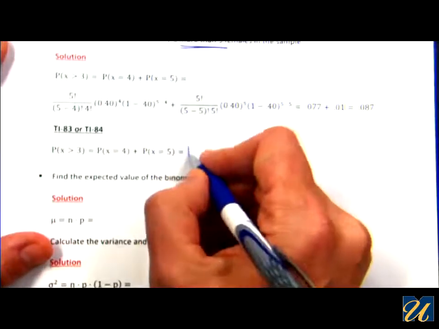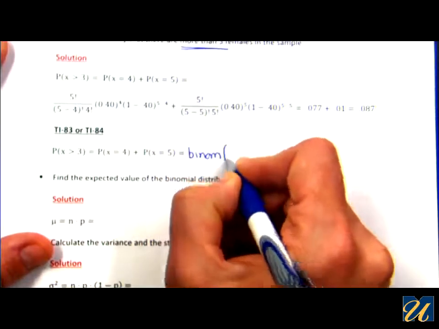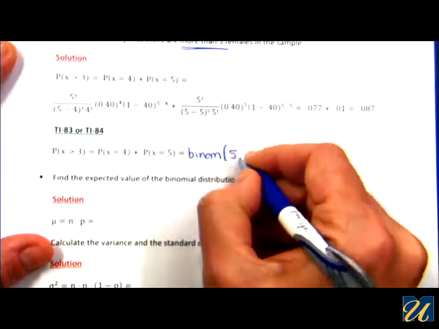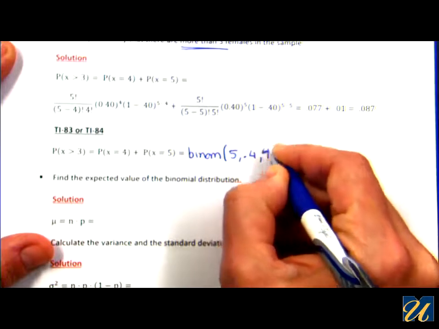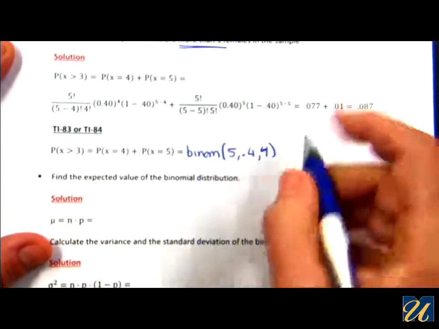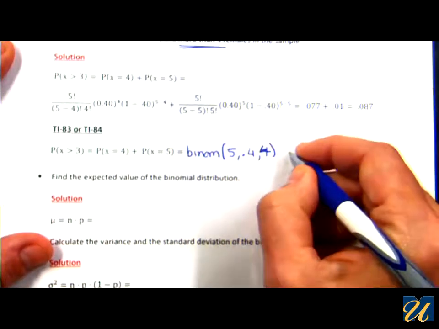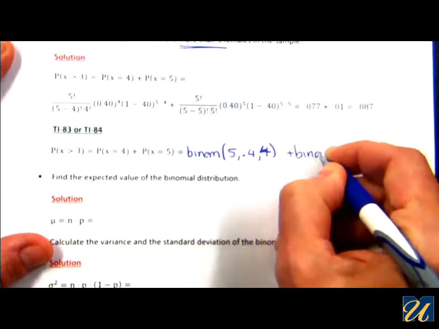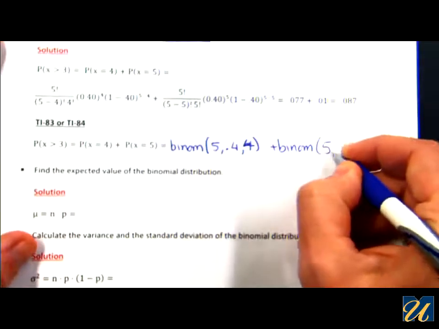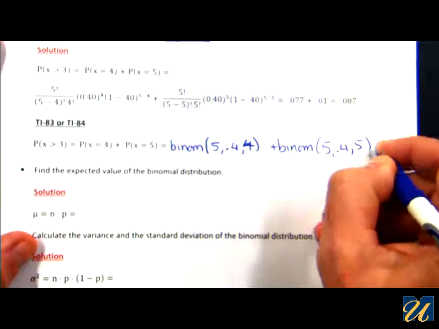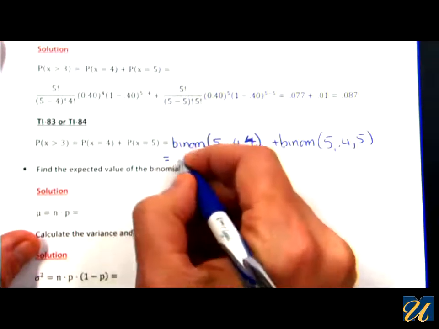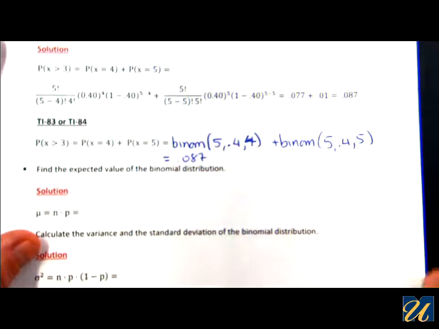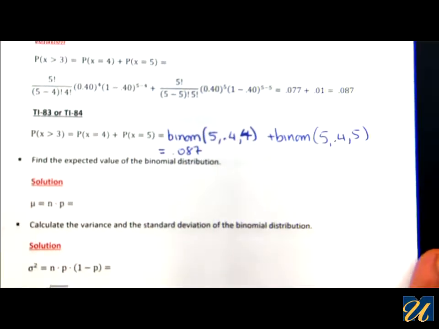So we will do binomial PDF 5, 0.4, 4 plus binomial PDF 5, 0.4, 5. So this will be 0.087, again rounded to the 3rd decimal.